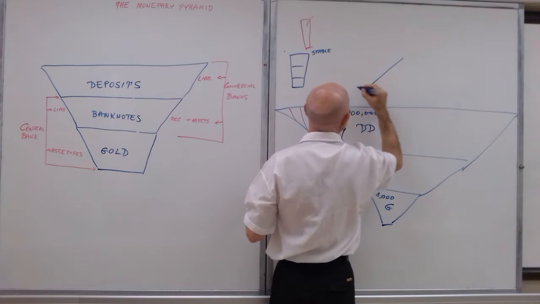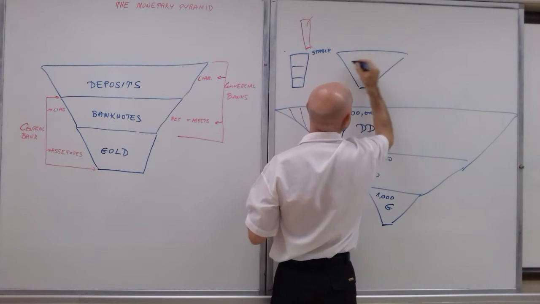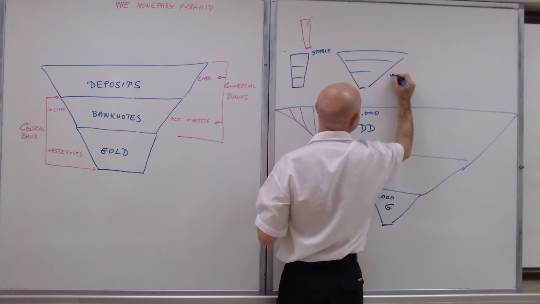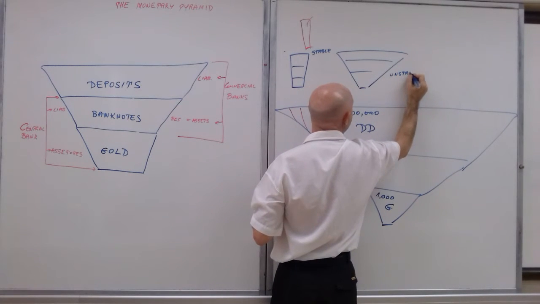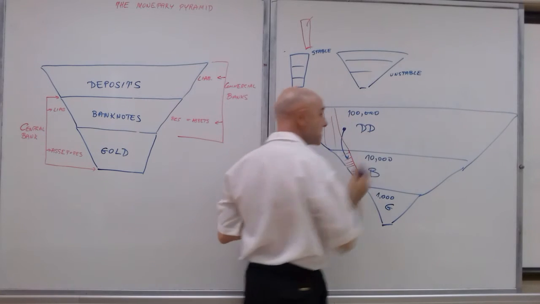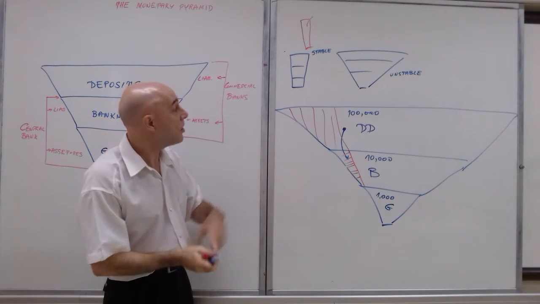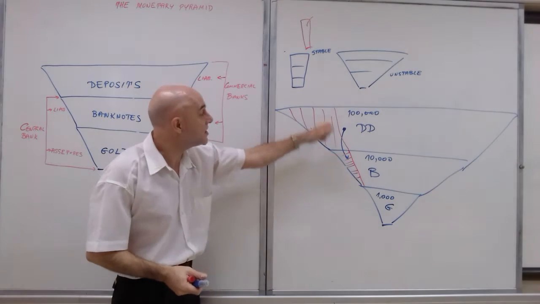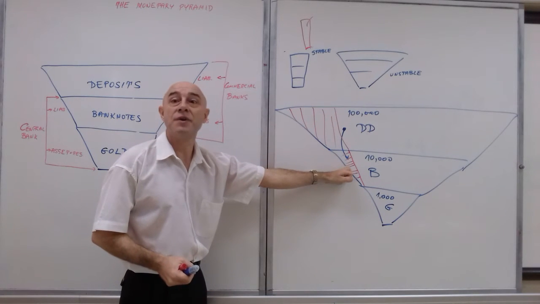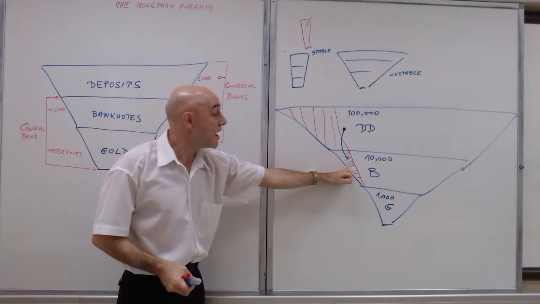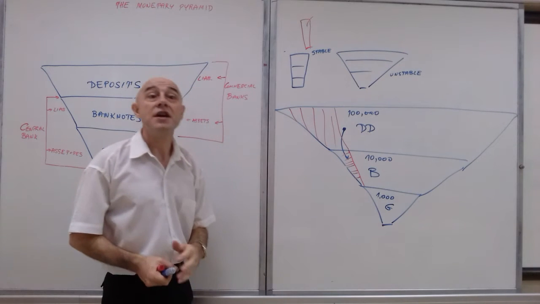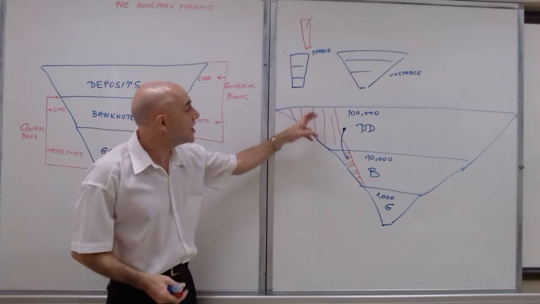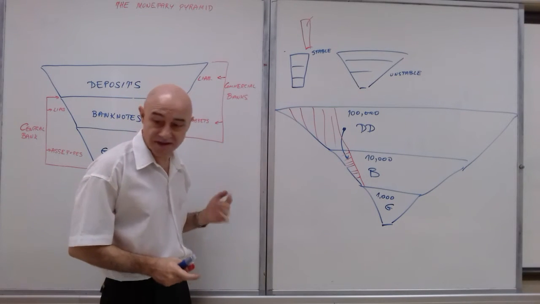This type of pyramid is unstable. Unstable. Okay. So, basically what happens is, you just take a little bit of money out, okay, and this is the result.